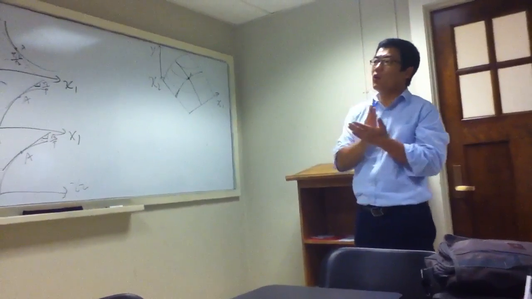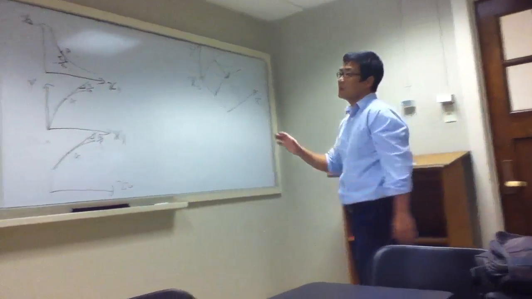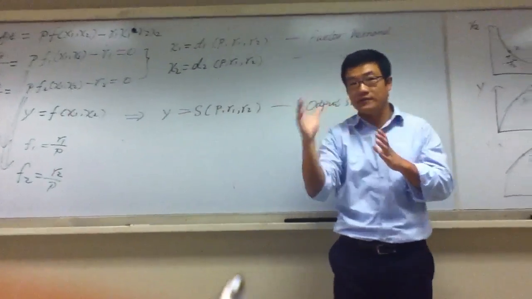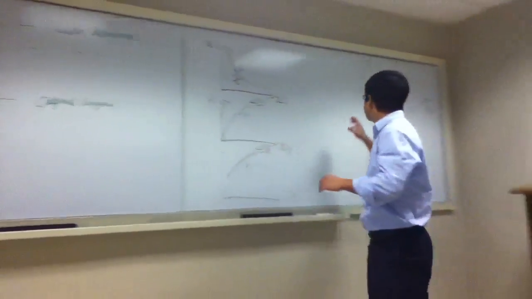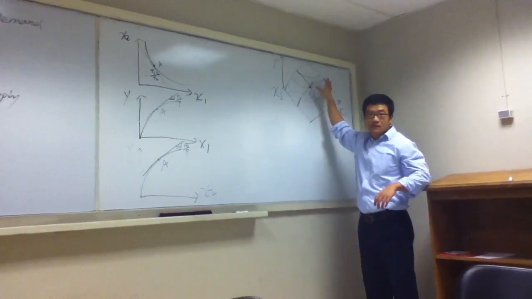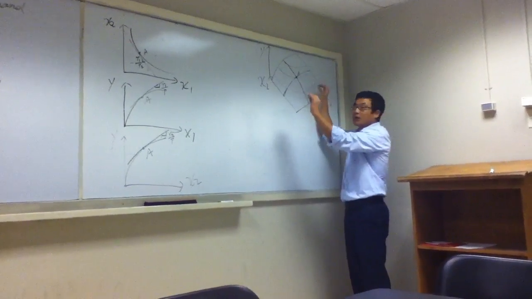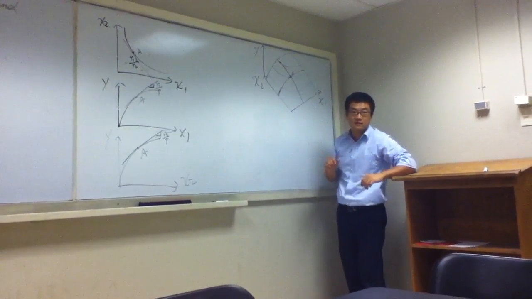Another point I want to emphasize is how x1, x2, and y change in response to a price change really depends on the technology, the production function. If you have a very different production function, the response is going to be different.